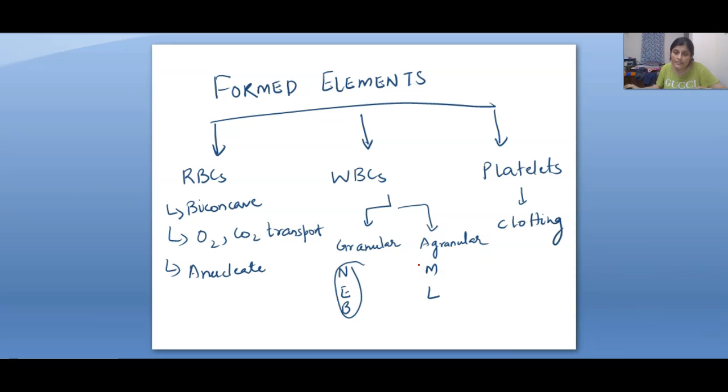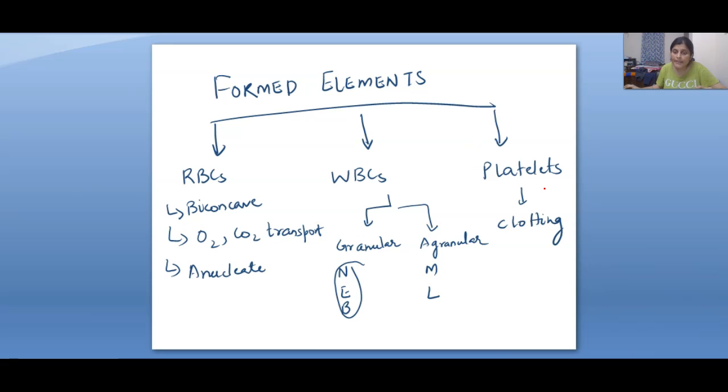The agranular cells are basically the monocytes and the lymphocytes. Monocytes further mature and form the macrophages, and lymphocytes are the major cells of two types, that produce B cells and T cells.